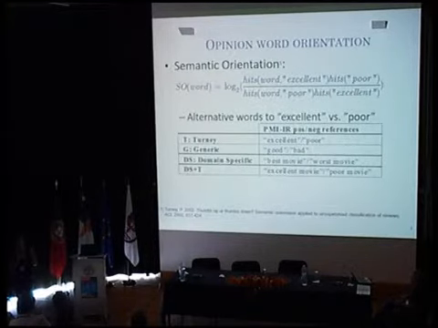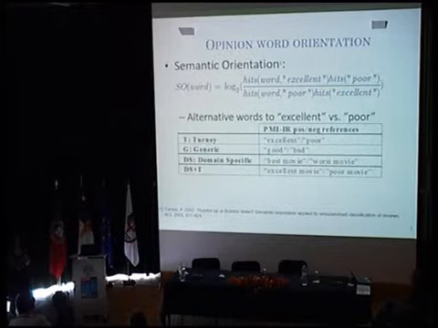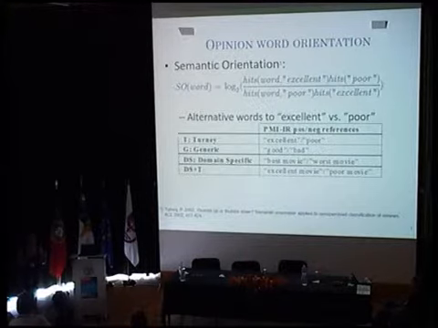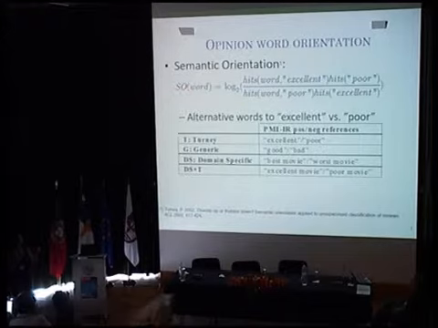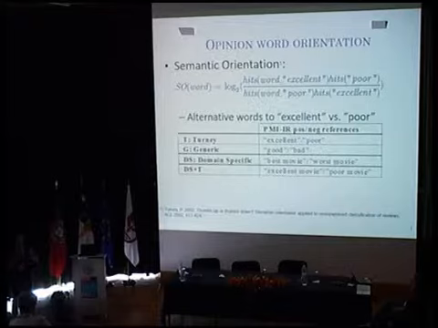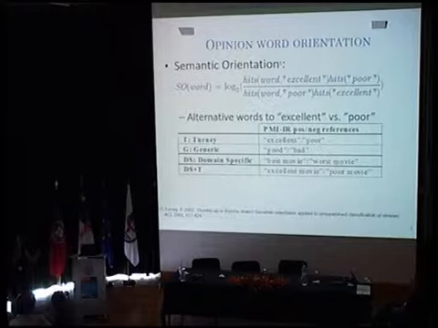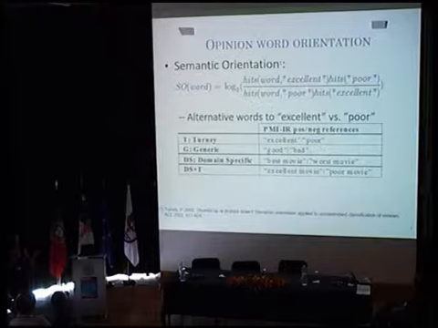So I've mentioned the semantic orientation algorithm. We use the one proposed by Turney. And what it does is, using a search engine, we have a candidate opinion word, and we are going to observe the number of hits that the Google search engine, in this case, returns when the word co-occurs with two reference words: excellent, which represents positive polarity, and poor, which represents negative polarity.